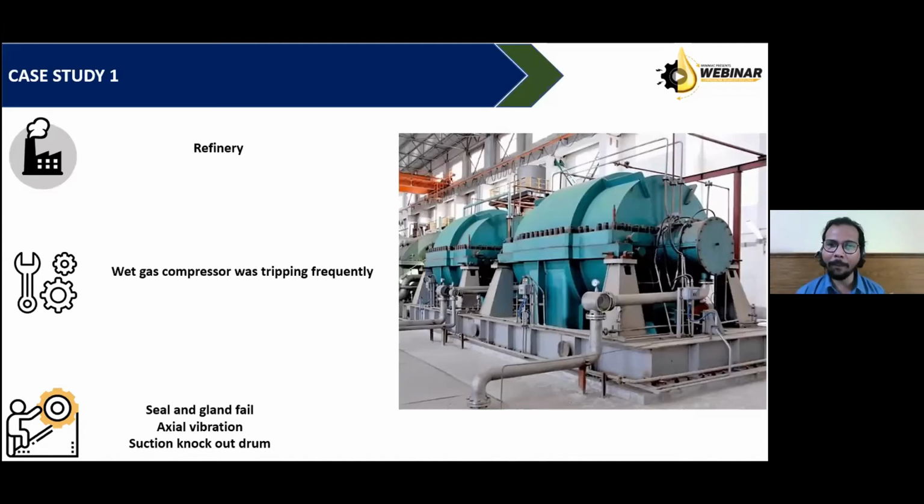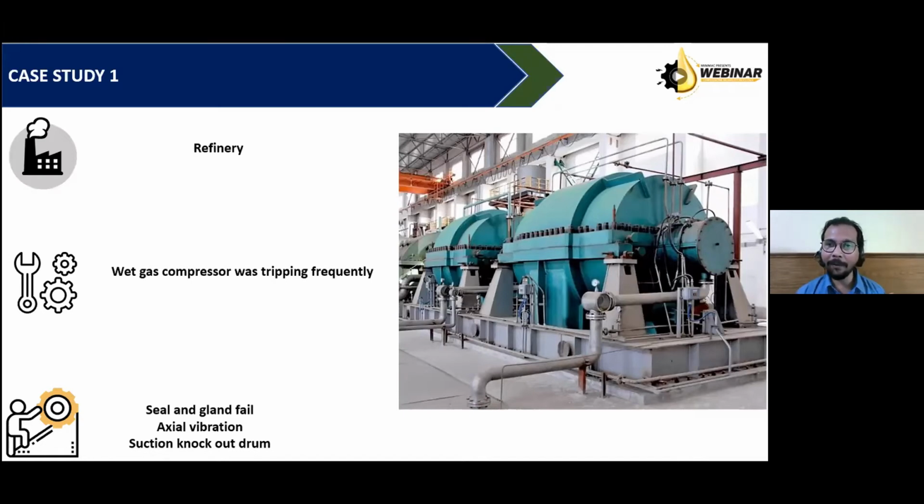What was happening? The seal and gland of the compressor were failing frequently. Then we were facing the issue of axial vibration. Axial vibration means the shaft was trying to move forward or backward during operation.